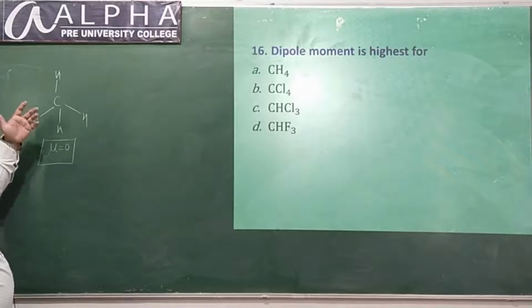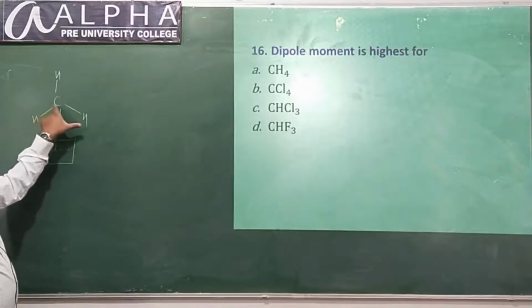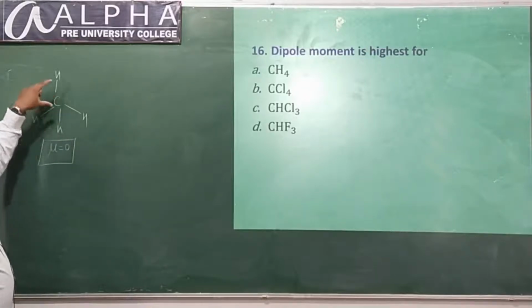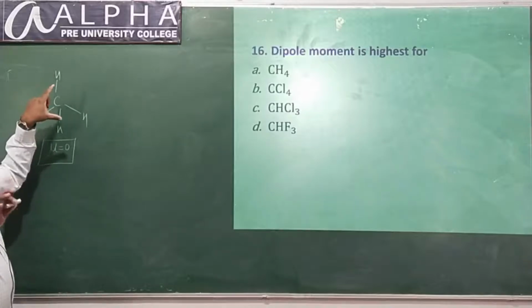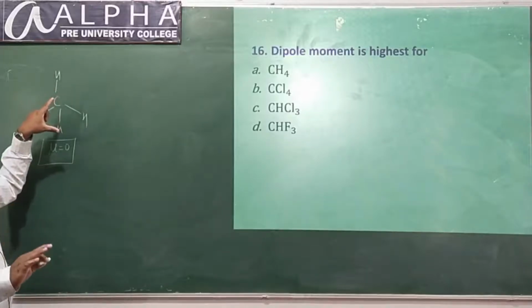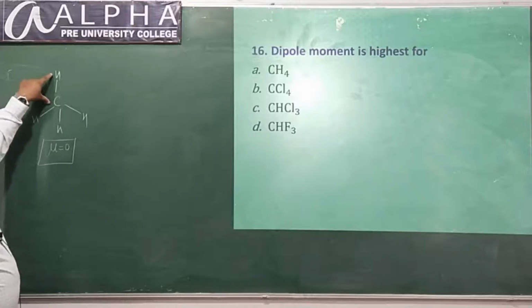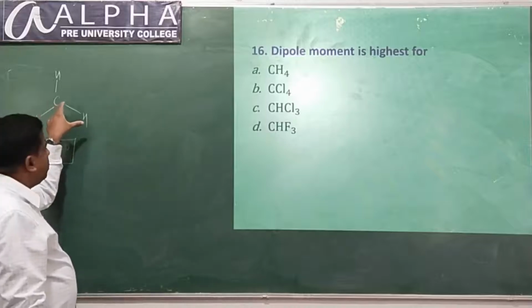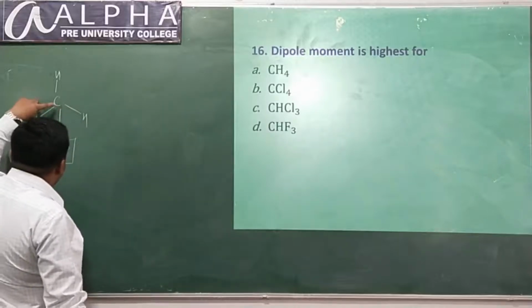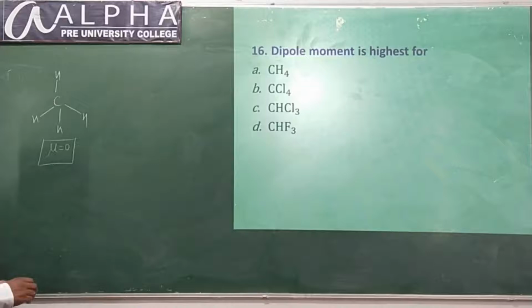Why is the dipole moment 0? Dipole moment is defined for each and every bond. For any bond there is no dipole moment, because both atoms are equally electronegative. Hence, the net dipole moment of the whole molecule is 0.